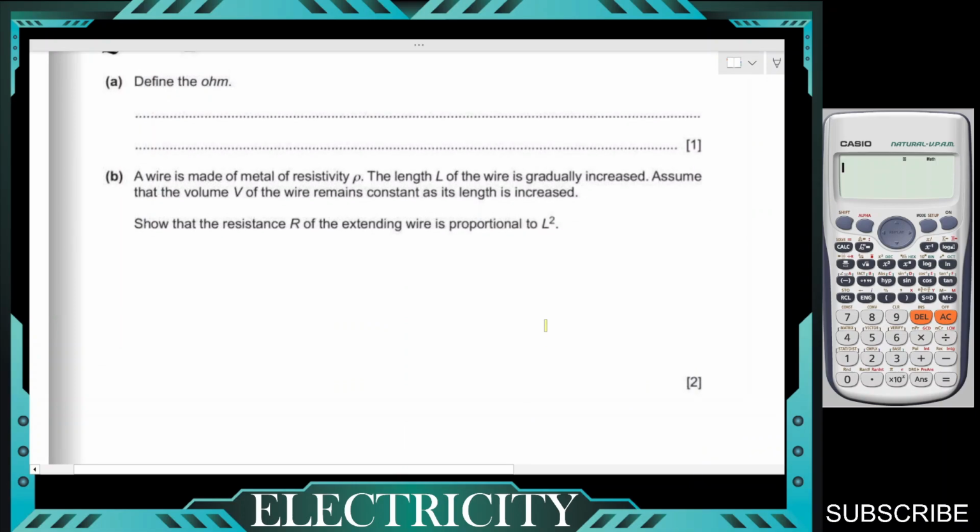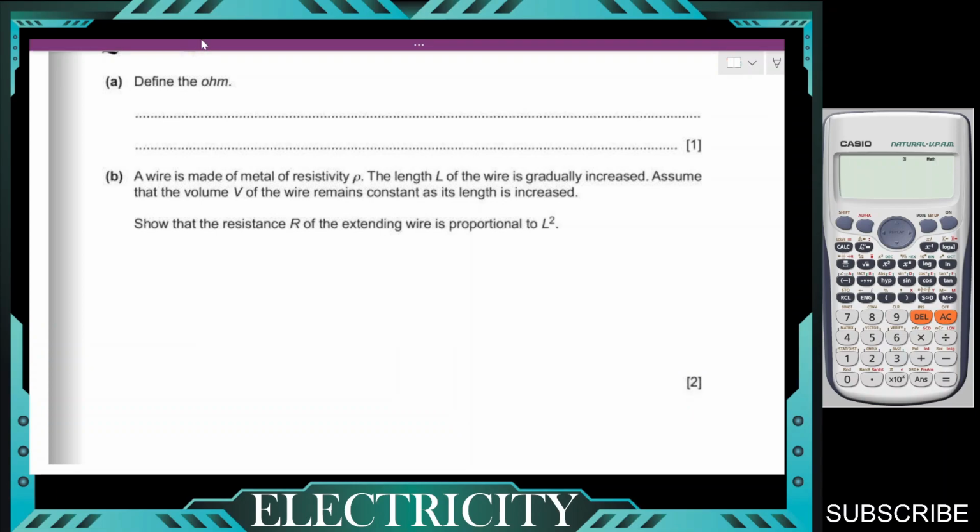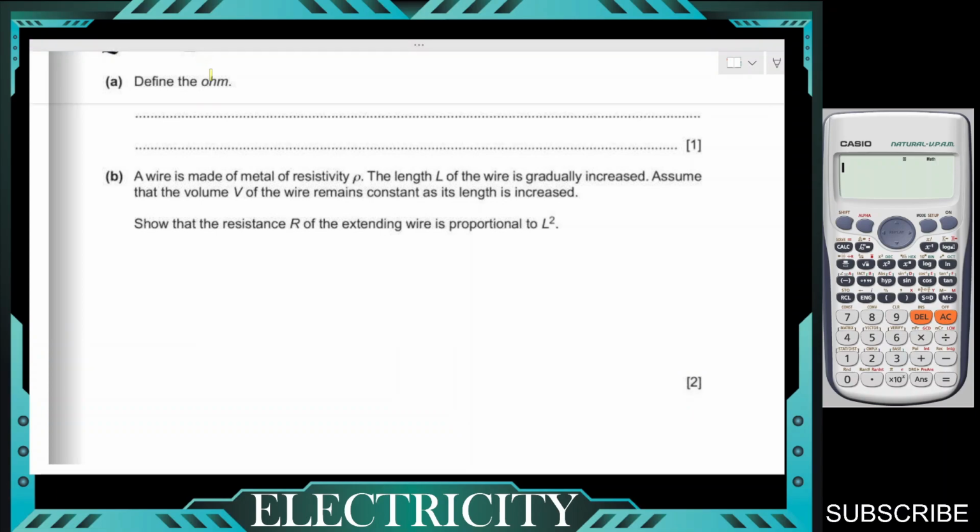You do the same method, except you replace A, the value of area, with volume divided by length, and that divided by length would be shifted to the numerator, and you'll be getting L square, and hence you'll be proving this relation.